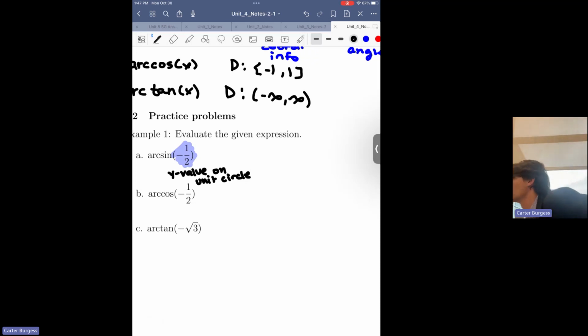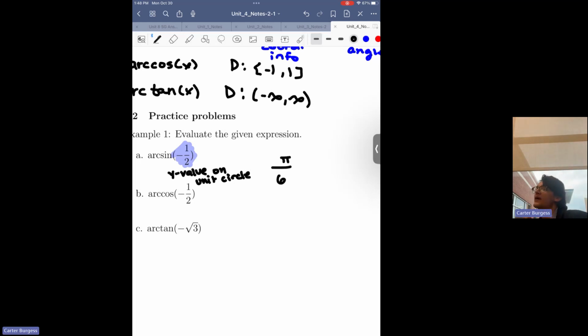What is the quadrant 1 angle that gives me that value of 1/2 for y? 30 degrees, or in radians, pi over 6? Okay, so that's the reference angle. That's the quadrant 1 angle that we'll use.